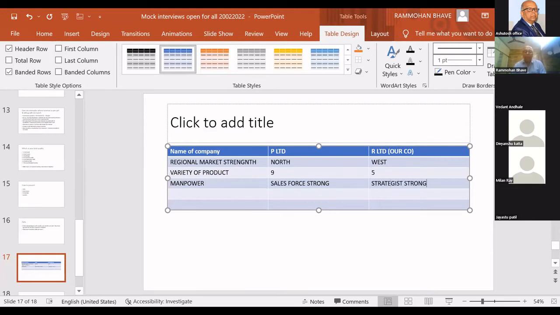Okay, I can add there, but I wanted to give you a sample.